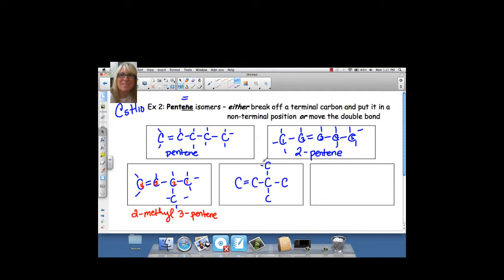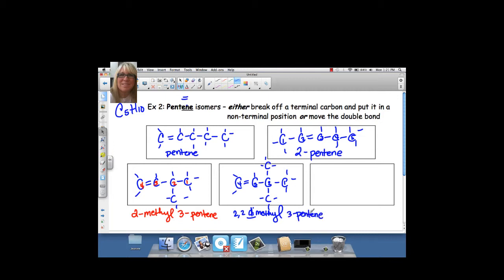So now let's see what I have. 1, 2, 3, 4. Okay. So now numbering again, this is 1, 2, 3, 4. This is going to be 2,2-dimethyl, and it's di because I have 2 methyl groups, and my double bond is on the third carbon, so 3-pentene.